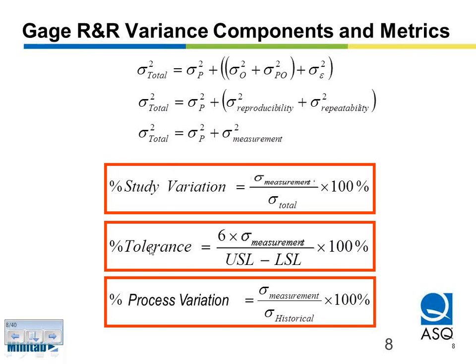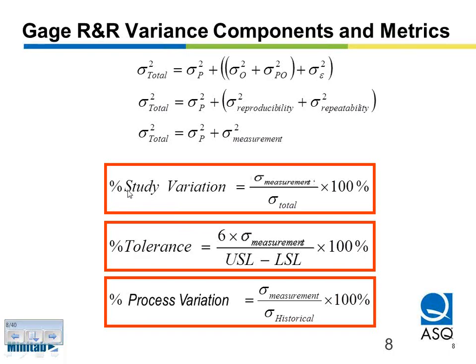The three common ratios that we use are the percent study variation, which takes the measurement variation and divides it by the total variation within the study; the percent tolerance, which takes the same value in the numerator and divides it by the amount of variability your customer will allow you to have, which is the spec range, or sometimes called the tolerance range; and then finally a mirror image of the percent study variation is the percent process variation, which simply uses sigma historical as your part-to-part or total variation estimate instead of the 10 parts that you used in that study.